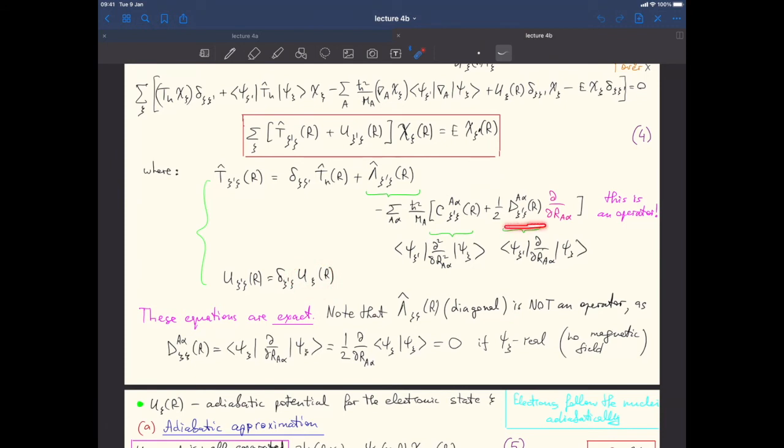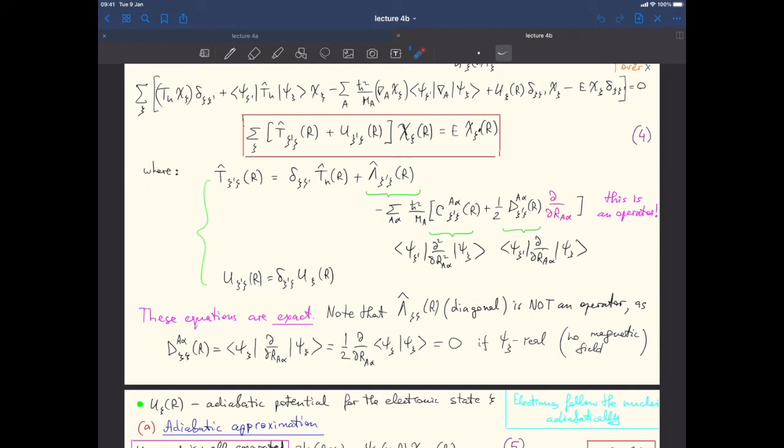Interestingly, this d term for zeta equals zeta prime is actually 0. This is because if you consider zeta equals zeta prime, for that diagonal element, you arrive at that matrix element, and that matrix element can actually be written as a one-half differentiation of the normalization of the wave function. And therefore, it is 0.